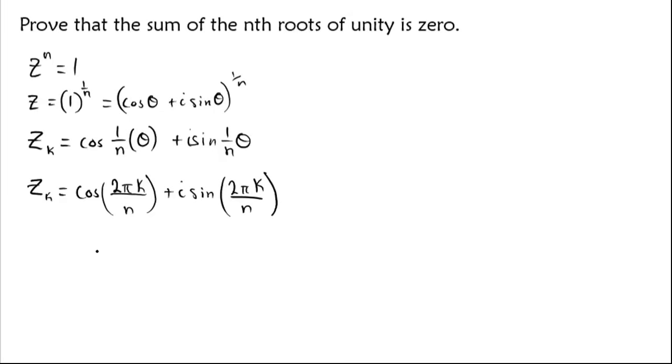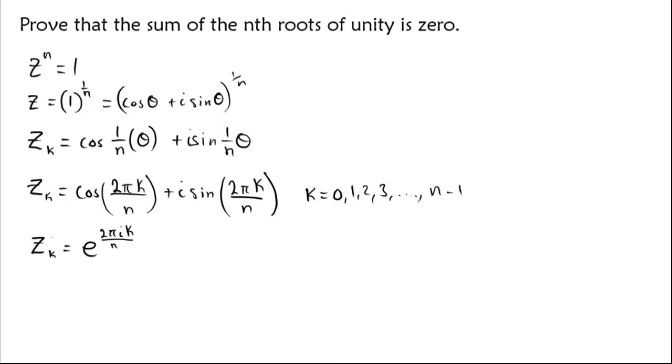So if this is z, we know that this is for all k equal to 0, 1, 2, 3, it goes on all the way up to n minus 1. Now, in exponential form, zk can be written as e raised to the power 2 pi ik divided by n, like this. So that's how we present it in exponential form.